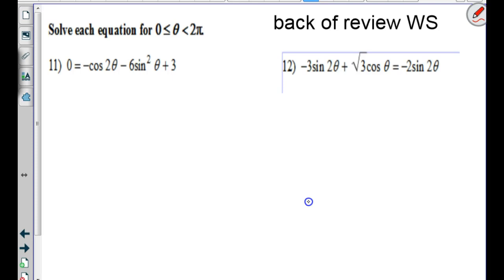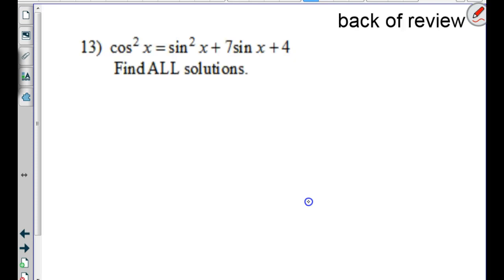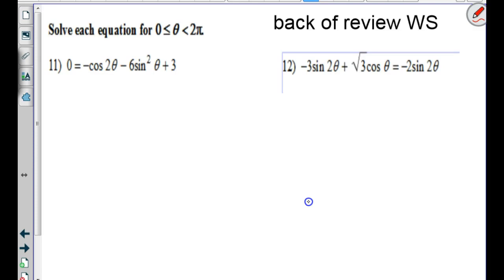Here's some more on the back of the worksheet. It says 11, 12, and 13 are like on the quiz. Let's maybe do 11. What would you do first on 11, maybe? Any ideas at all?